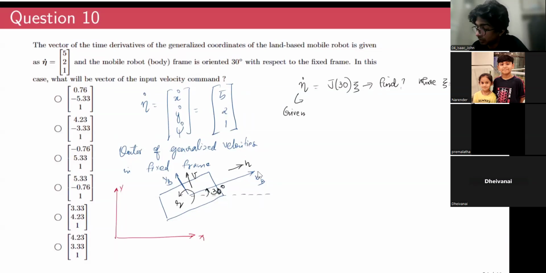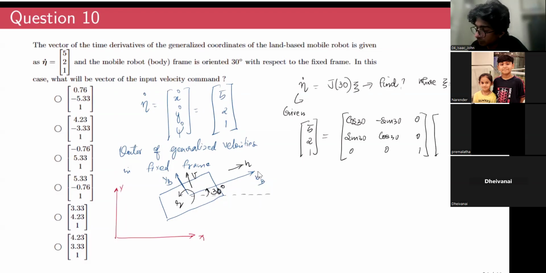You have all the information. So I'll just substitute the values. 5, 2, 1 is, if you expand out the Jacobian matrix, cos 30, minus sine 30, 0, then sine 30, cos 30, 0, then 0, 0, 1, times the vector u, v, r that you are asked to find. So how do you solve this?